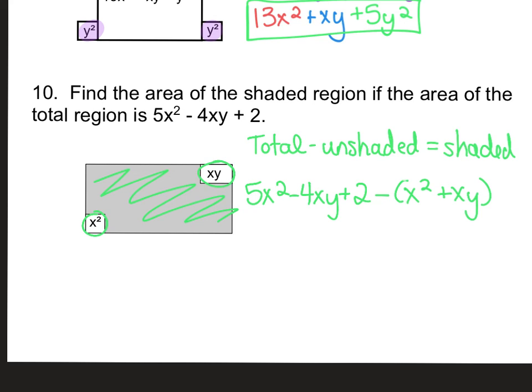So again, if you just want to go ahead and distribute that negative, you can say minus x squared minus xy, and now we can jump straight into combining like terms. 5x squared minus x squared is going to leave us with 4x squared.